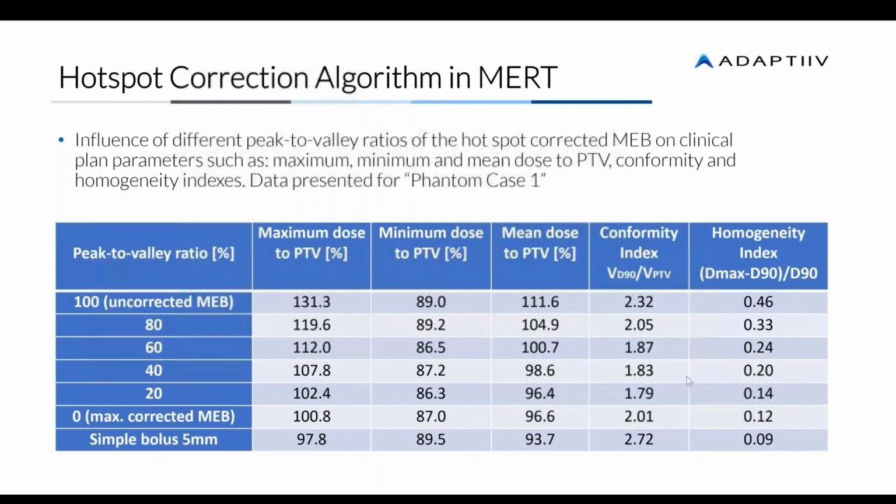But I think the biggest value added here is that we account for dose conformity, which is comparable to the modulated electron bolus, and dose homogeneity, which is comparable to the simple bolus. So basically, with our hotspot correction algorithm, we take the best of both worlds.